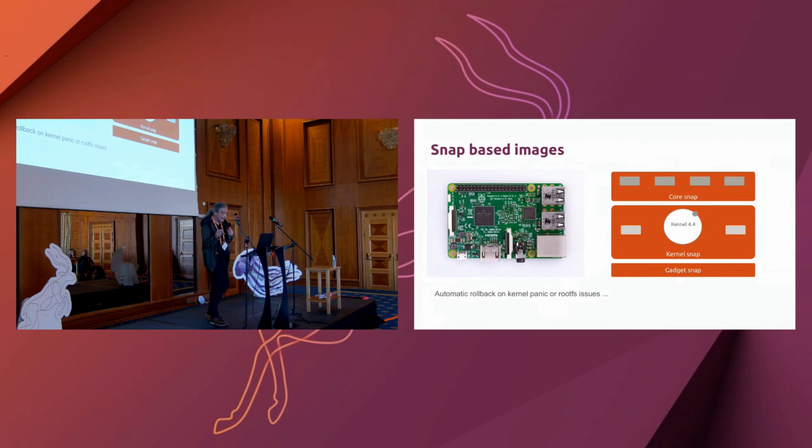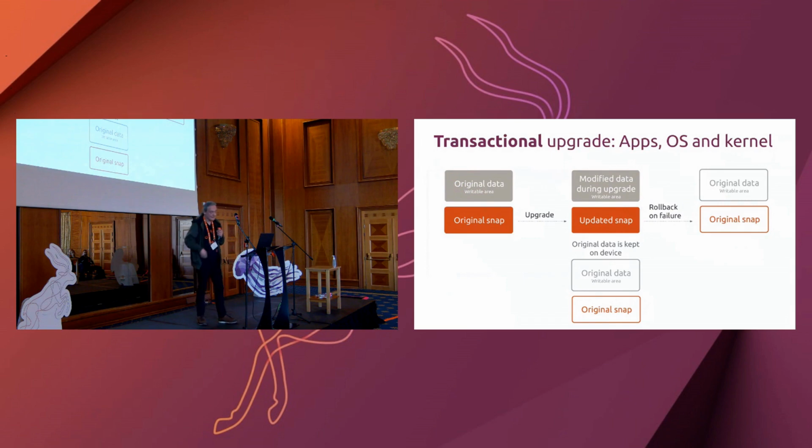But in this case, it is actually the root file system of the system. It's not just your execution environment, but the core snap is your runtime to boot into. So we reuse it in that case to be a standard root file system.